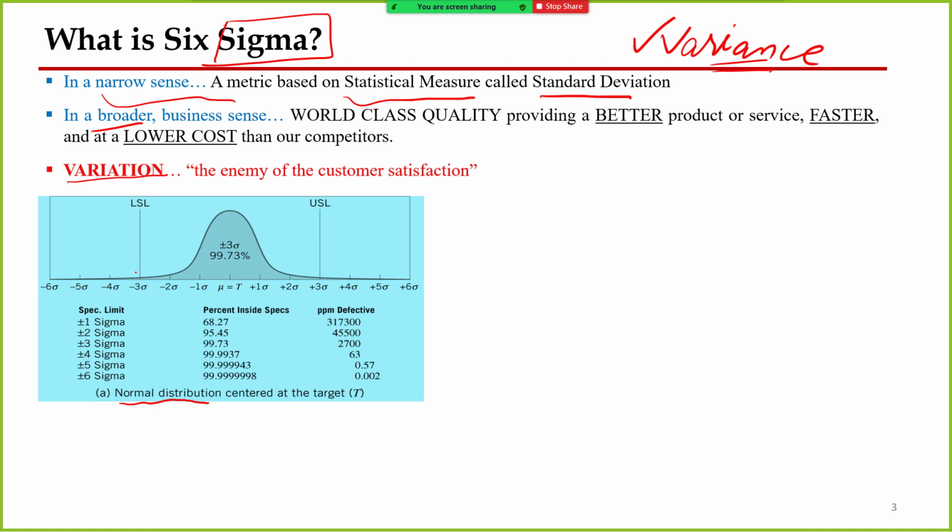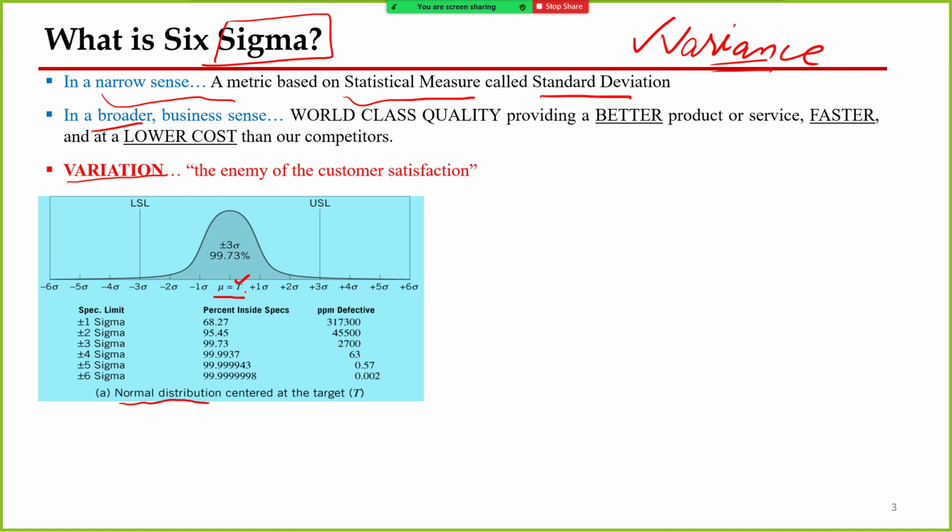In statistics, when we talk about this normal curve, we assume that your population mean is exactly equal to the target value. What does that mean? The customer has given us a certain target. Suppose we are producing a certain type of pen, and the diameter of that pen is T. That is our target value. And now they have given us this target value against a single product.